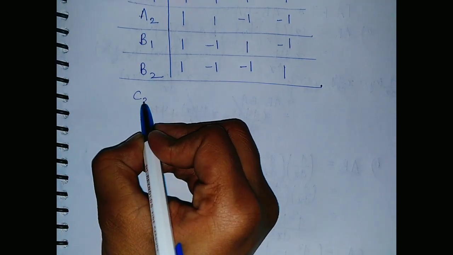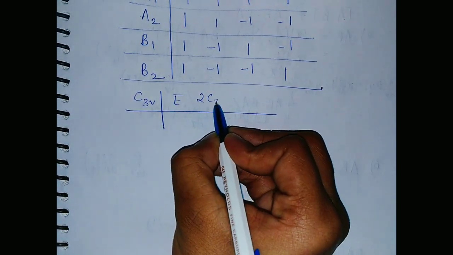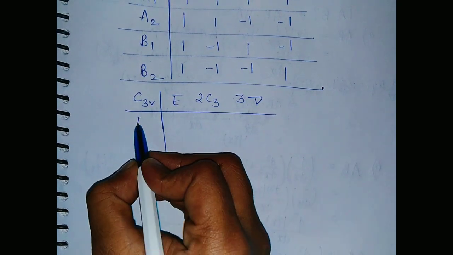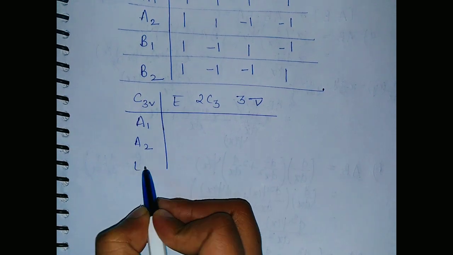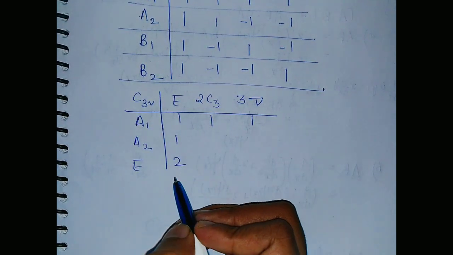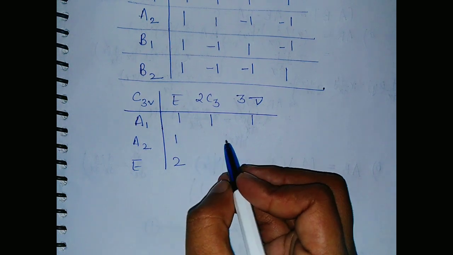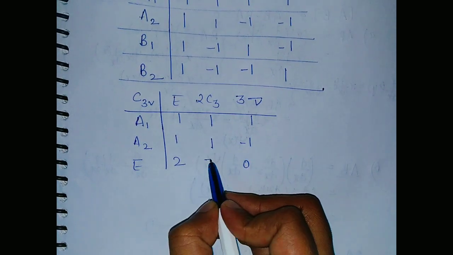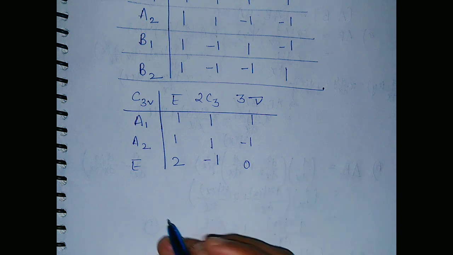C3v is nothing but E, 2C3 and 3 sigma v, and in C3v we have A1, A2 and E. So this is 1, 1, 1, then 1, 1, minus 1, and for E it is 2, then 1 plus 1 minus 1 is 0, and minus 1, and again minus 1. So how to write for D3h?